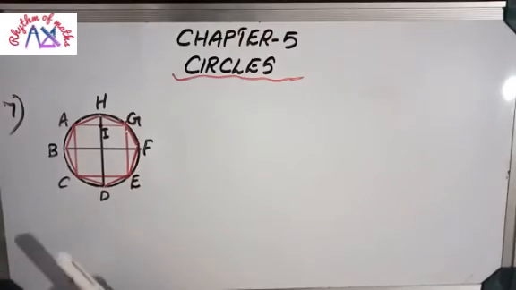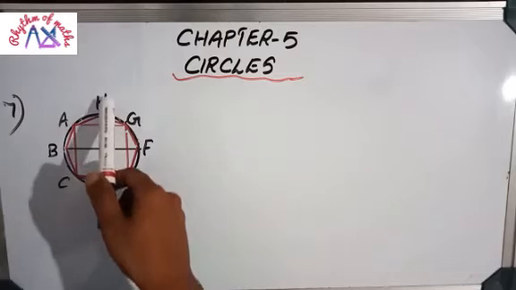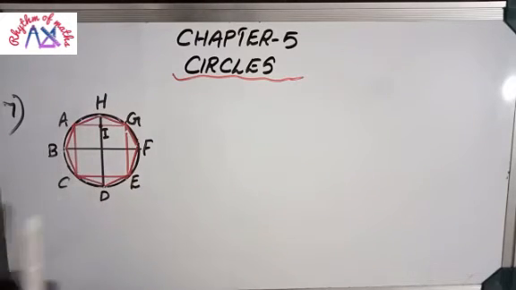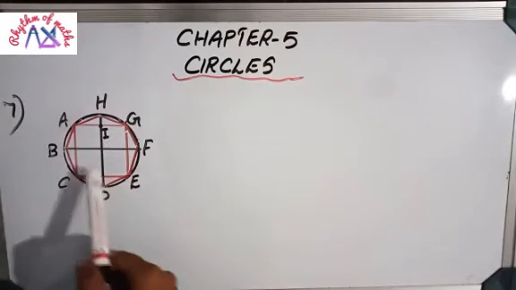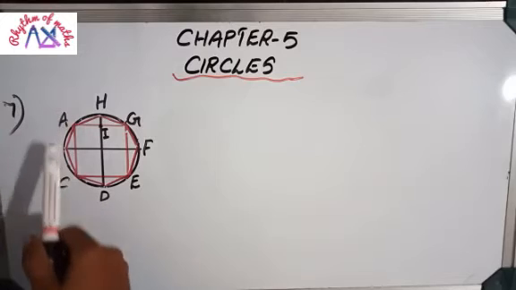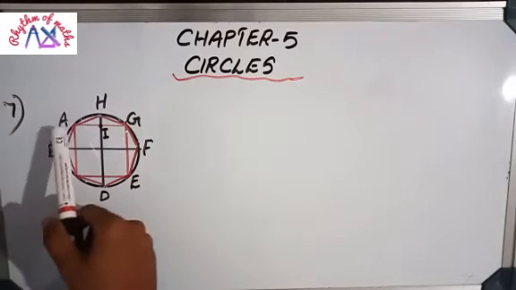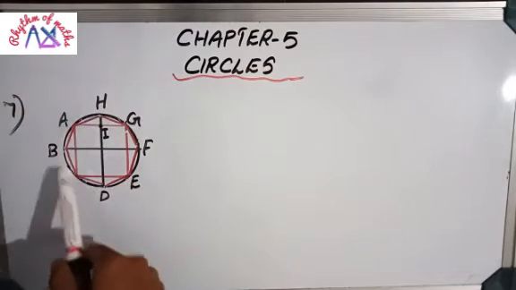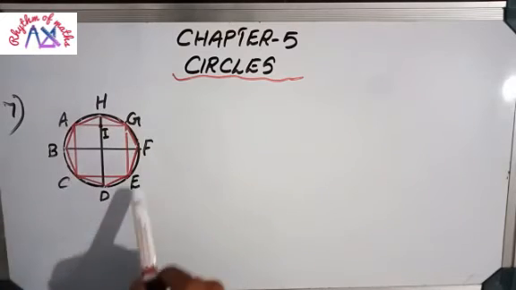In this question we have two perpendicular diameters, first one BF and second one DH. These two are perpendicular chords and diameters also. And we have a square inside the circle, ACEG. By joining the endpoints of the diameters and all the vertices of this square, we have an octagon.